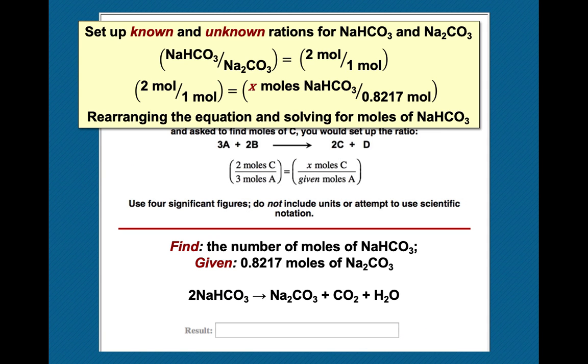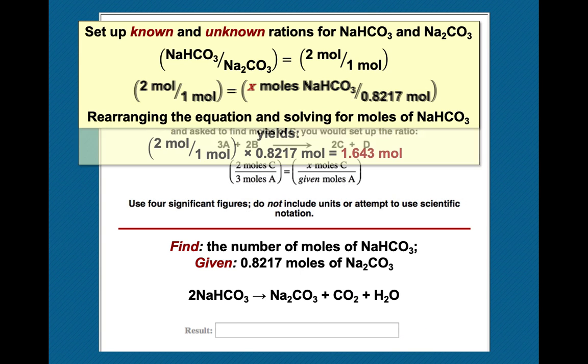We are given 0.82 moles of sodium carbonate. Once again, on your calculator, it would be 0.82 times 2 divided by 1, 1.6.